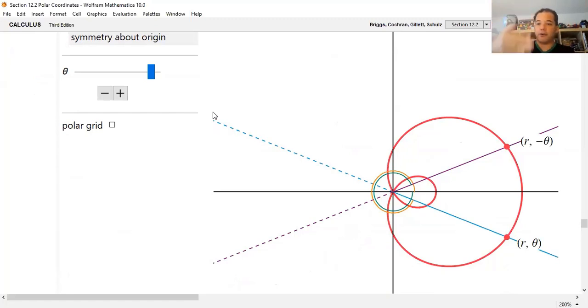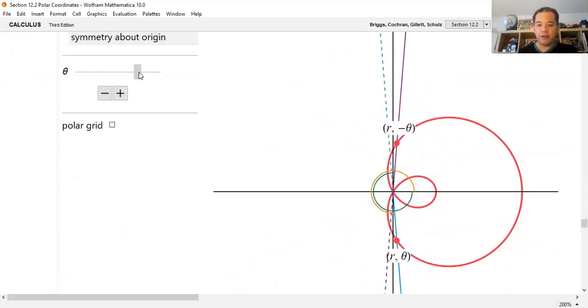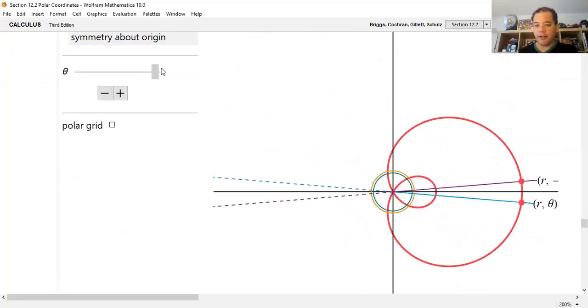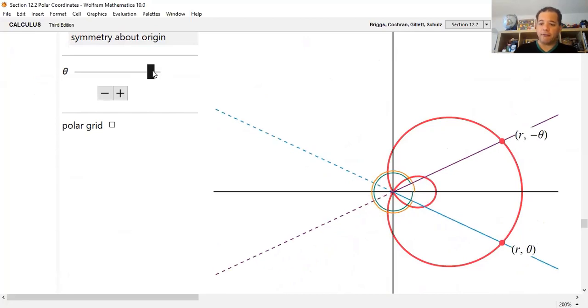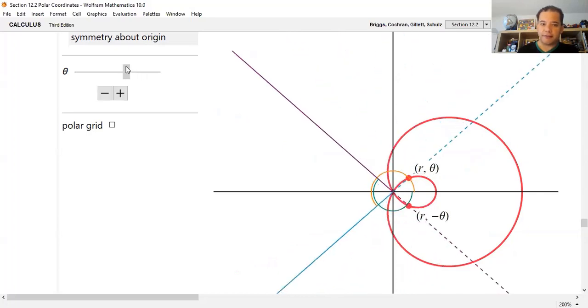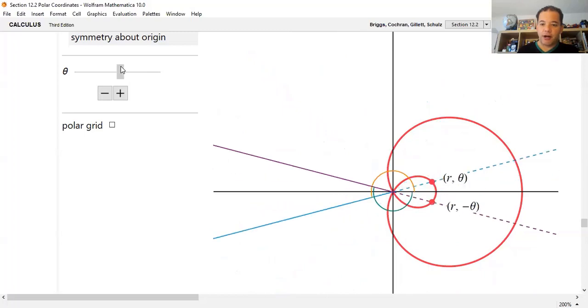Whatever you see on the top, you also see on the bottom, and you can tell why, because every time you have a point, (r, theta), if you replace it by (r, negative theta), if you flip the angle, you have the point on the other side. So (r, theta) on the top, and then (r, negative theta) on the bottom. This is an example of symmetry with respect to the x-axis.